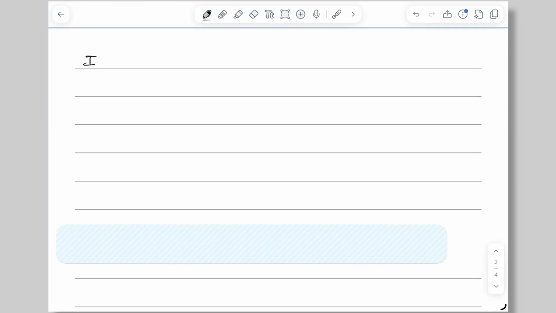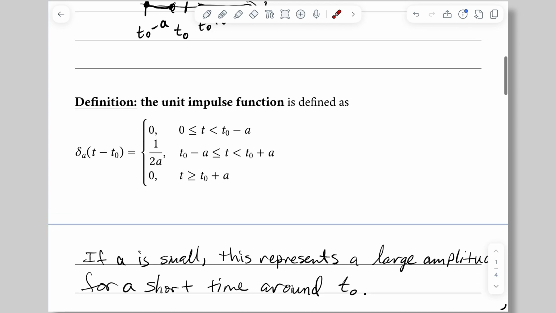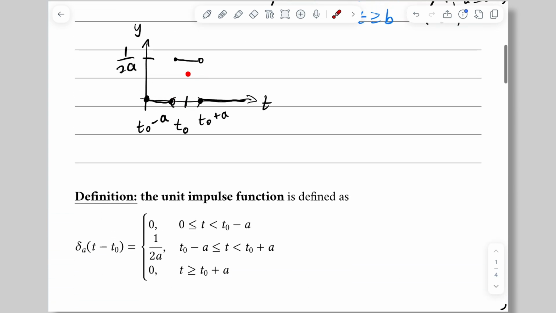For small values of a, this represents a large amplitude for a short time around t sub 0. Looking back at our graph here, we have an interval that has a width of 2a and a rectangle essentially that has a height of 1 over 2a, and so the area underneath where it's active is 1.